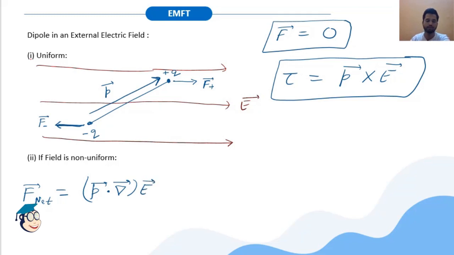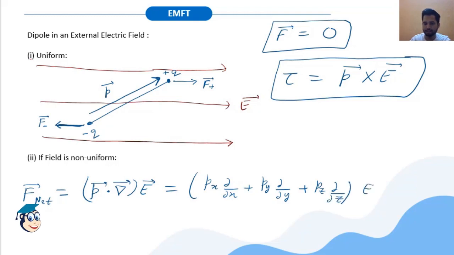You can write this as Px del over del x plus Py del over del y plus Pz del over del z, times the electric field vector.